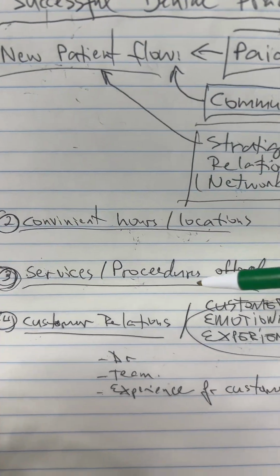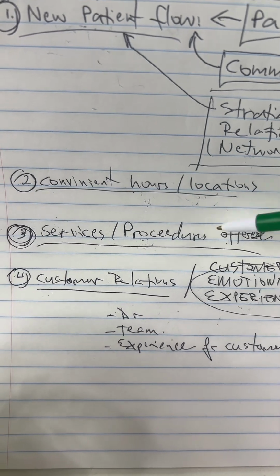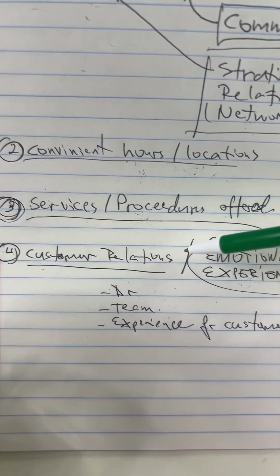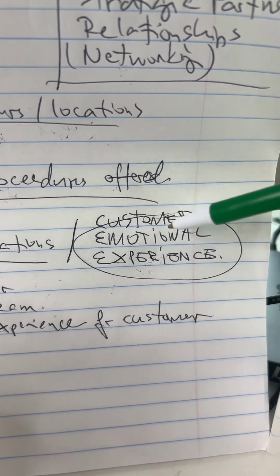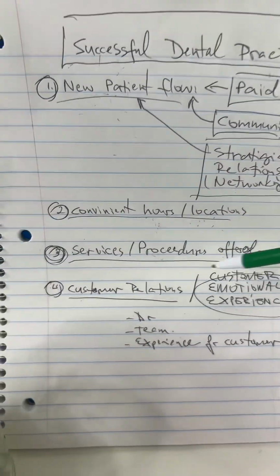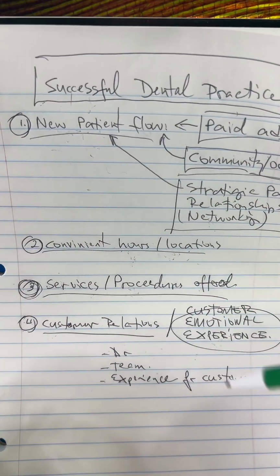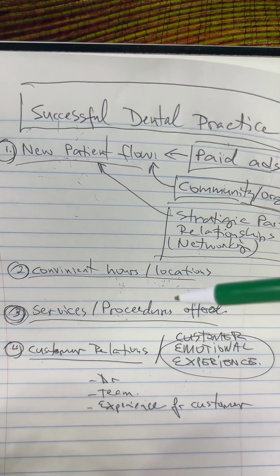They also have very good locations and hours, services and procedures. They offer more services and procedures that are very profitable, and they have a very good customer emotional experience. This is very important to work on, because if customers don't have a very good emotional experience, none of this matters, because your patients will be leaving and not coming back. And this is actually what I see with struggling practices.